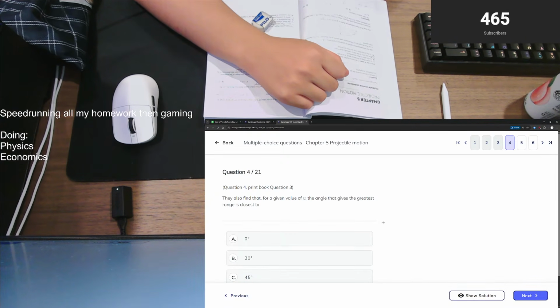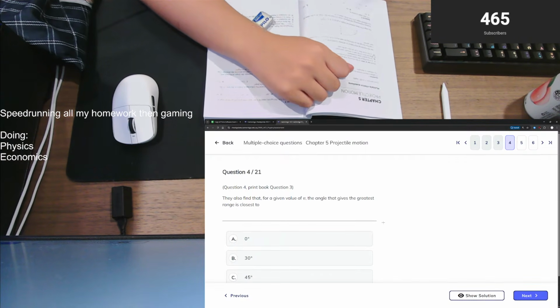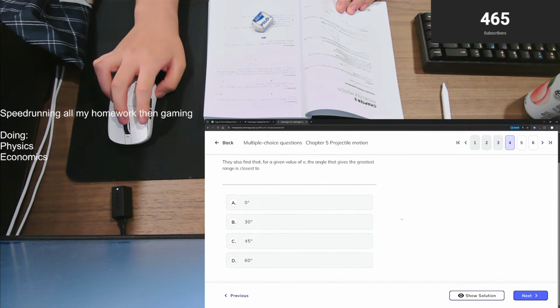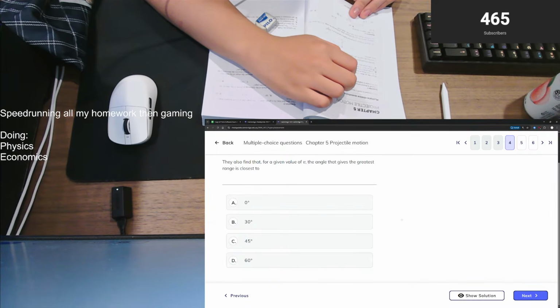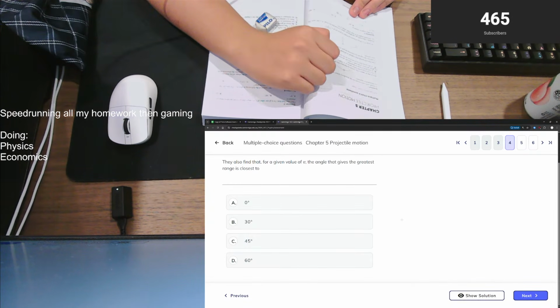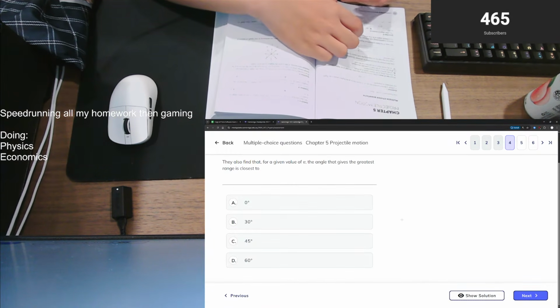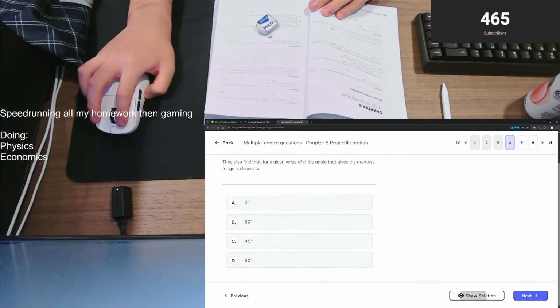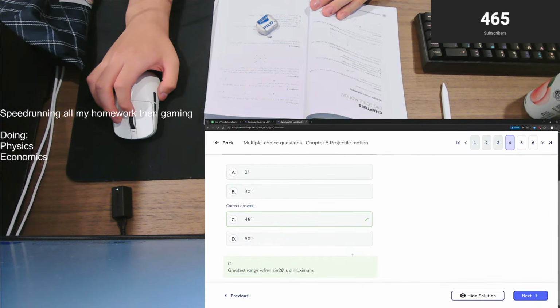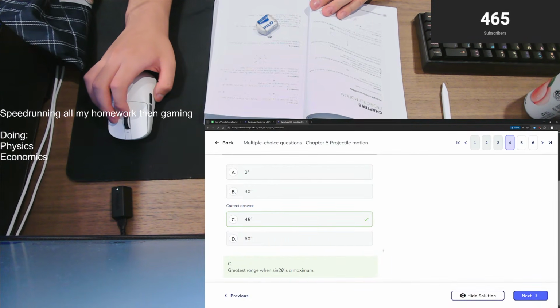Let's find out for a given value v, the angle that gives the greatest range is closest to. Don't know. Greatest range wins.